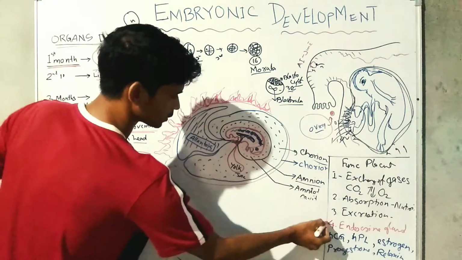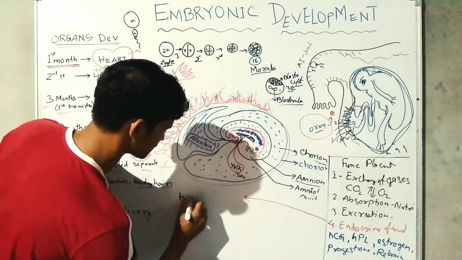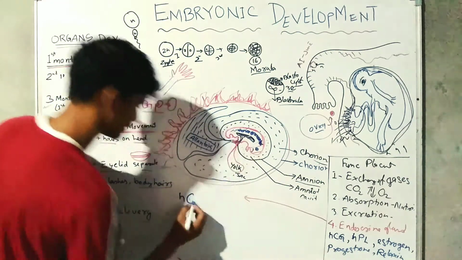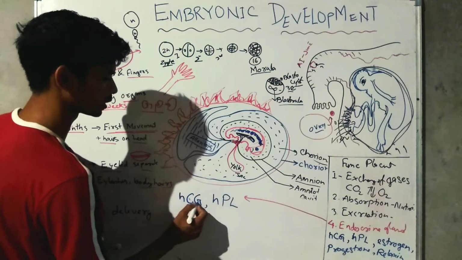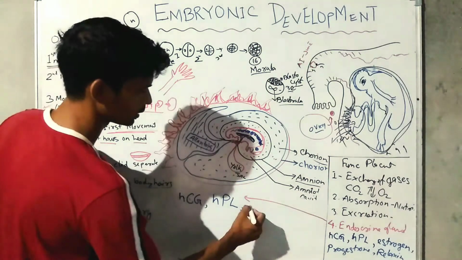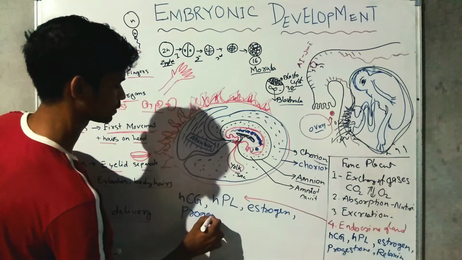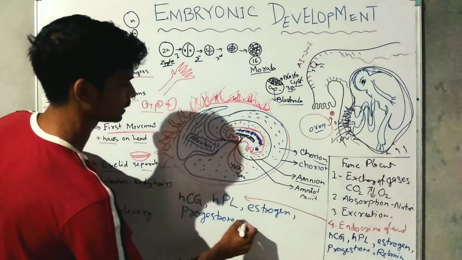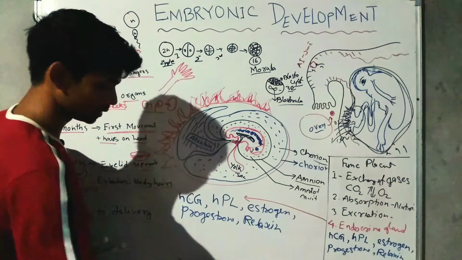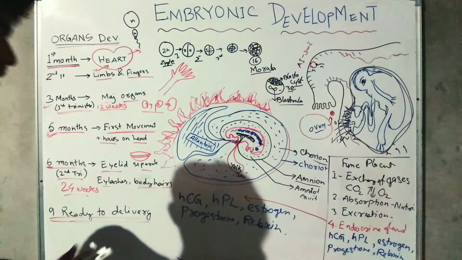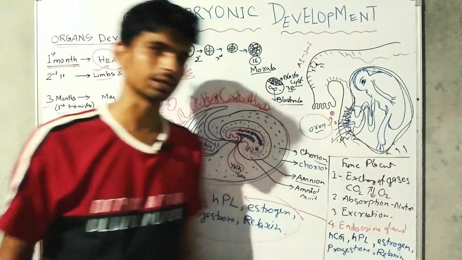It acts as an endocrine gland, so there will be some hormones like HCG, then HPL, human placental lactogen, estrogen, progesterone, then relaxin. So these are the hormones released by the placenta. These are the placental hormones, so the placenta is also called an endocrine gland.